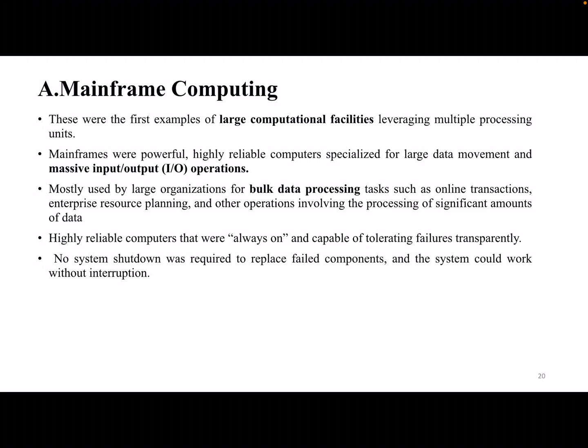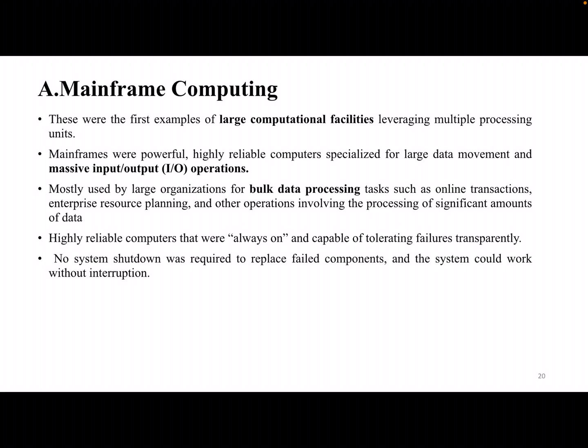Mainframes were powerful, highly reliable computers specialized for large data movement and massive input and output operations, mostly used by large organizations for bulk data processing tasks such as online transactions, enterprise resource planning, and other operations involving the processing of significant amounts of data.